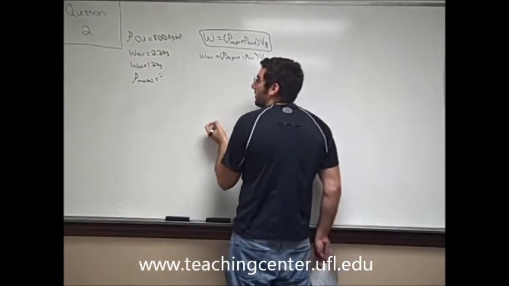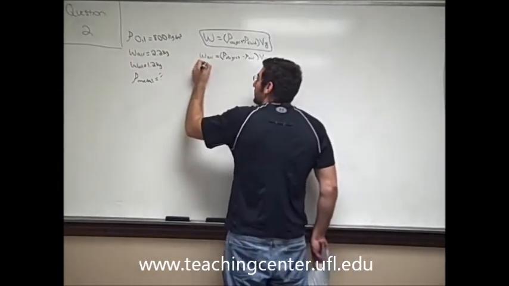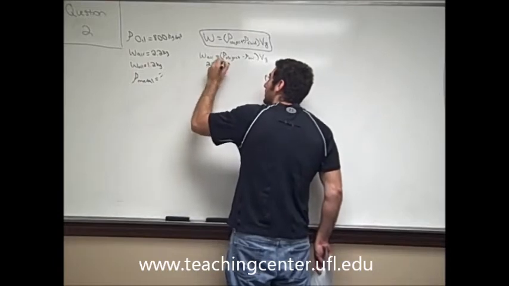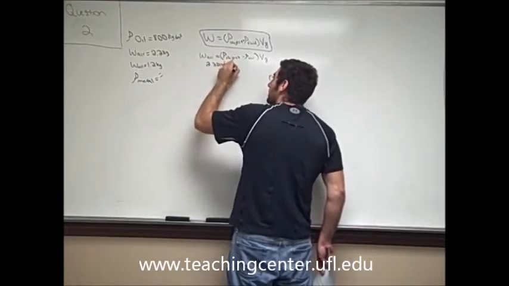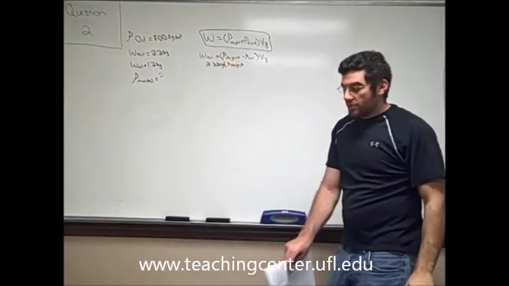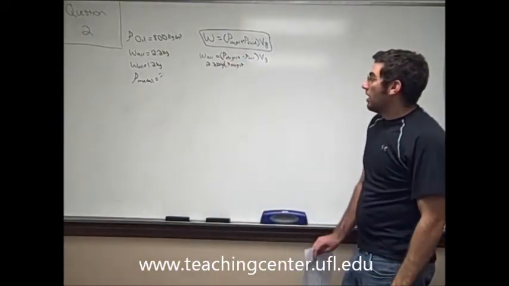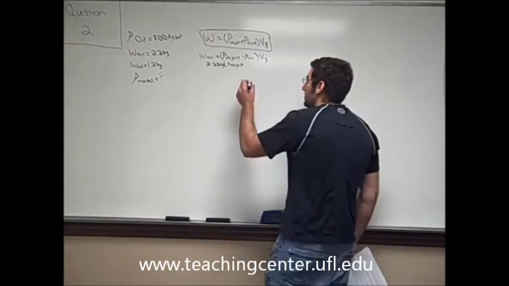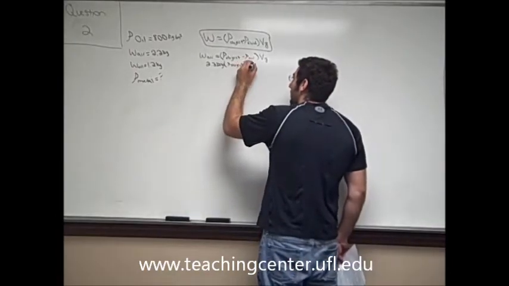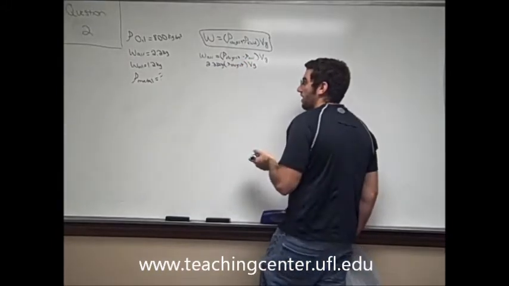Well, we know that the weight in air is 2.2 kilograms. And we don't know the density of the object. And the density of air is like 1.2 kilograms per meter cubed, so we're just going to say that it's negligible. We're not even going to worry about it. And then we're going to multiply it by the volume times gravity.